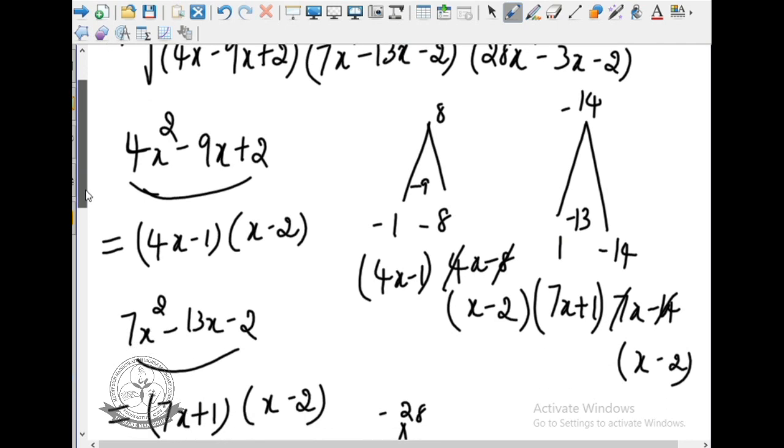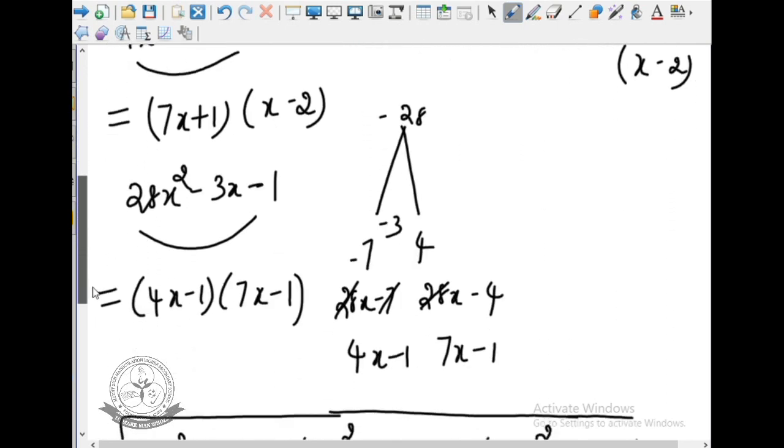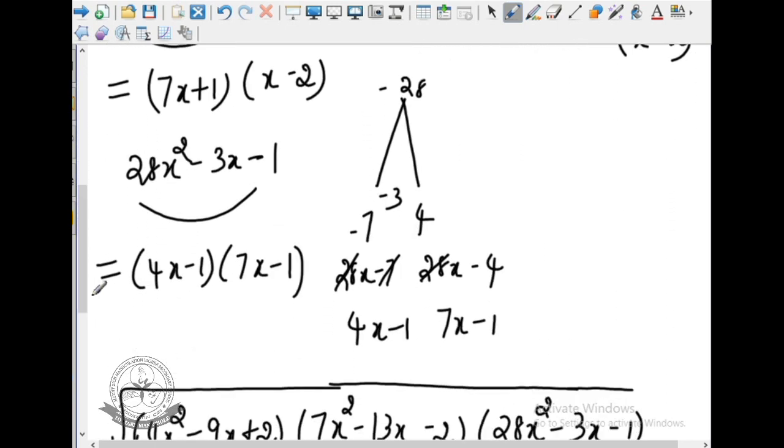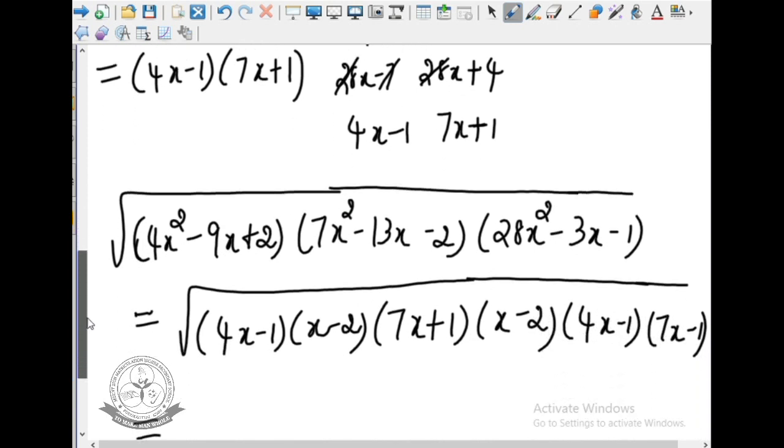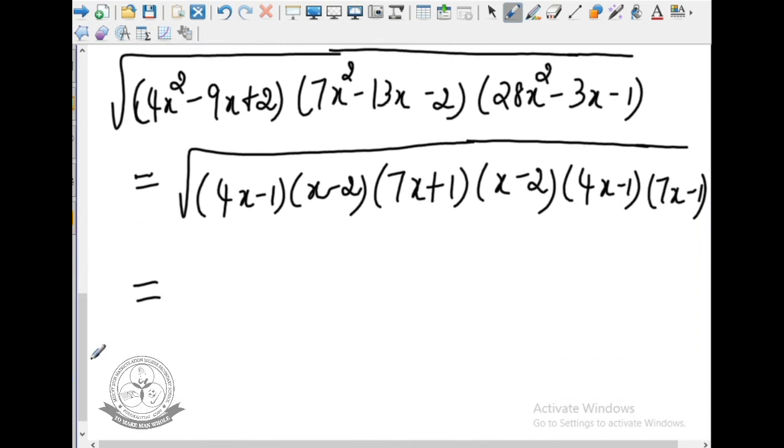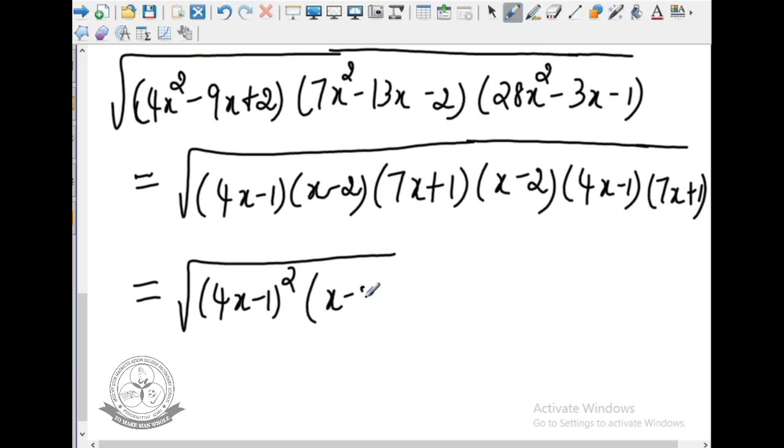For this one it is plus, right? You also check it, because that one is having two times, right? So 7x + 1. So square root of (4x − 1) the whole square, (x − 2) the whole square, then (7x + 1) the whole square.